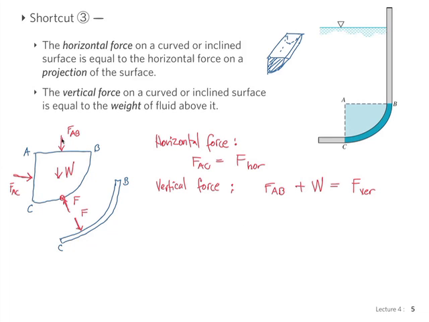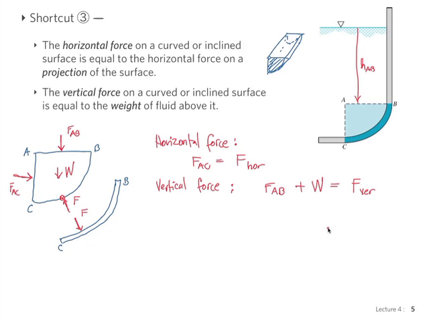Now, FAB is the force due to pressure on this surface, which is basically only going to be a function of the depth of this line, this h here, the depth of this line AB.